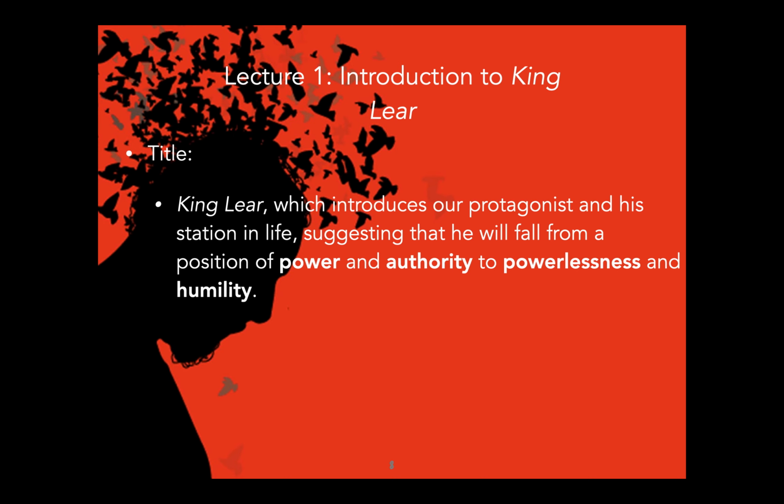Okay, so what's the title here? The title's King Lear. What does that do for us? What does it mean? Well, it just simply introduces our protagonist. It focuses our attention on his station in life.